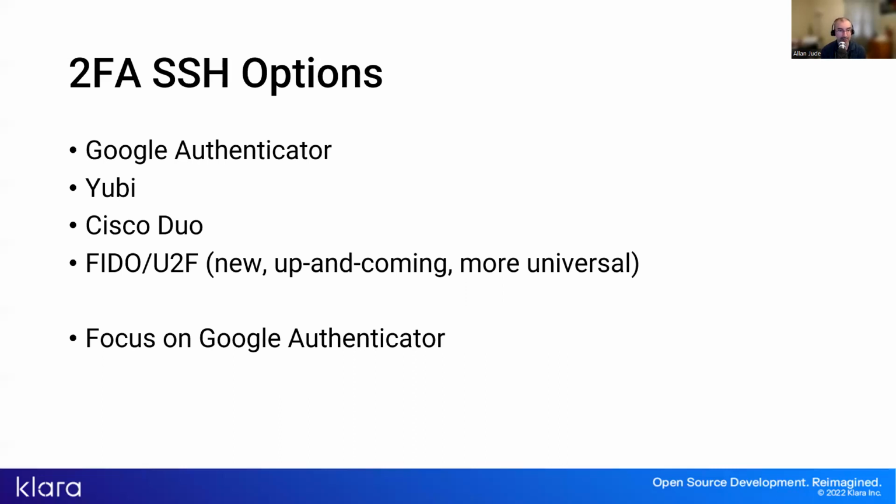And then we'll also talk a bit about FIDO or U2F, which is a new up and coming standard that's more universal, so that you're not locked in with a specific vendor like a YubiKey. And we'll be focusing on Google Authenticator later in this talk, simply because you can start using that without spending any money.